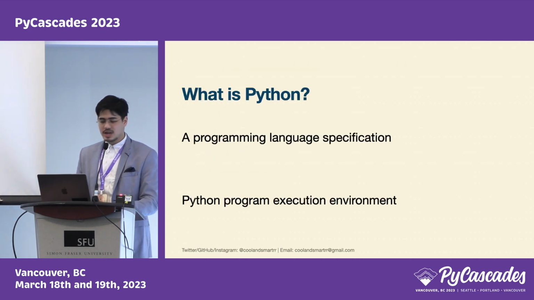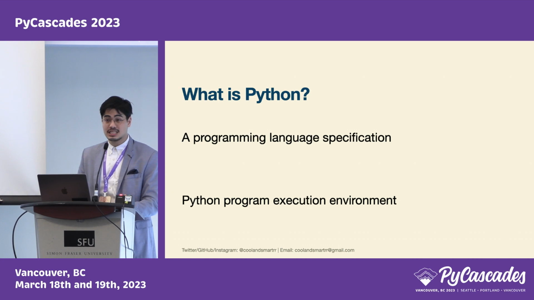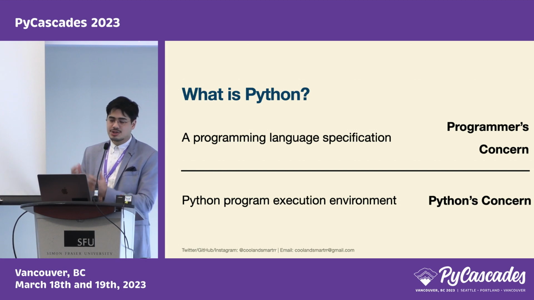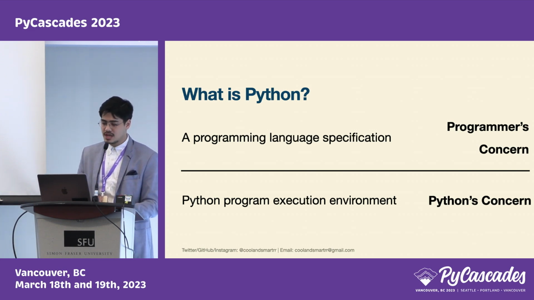So, what is Python? Well, it's a programming language specification, and it's a program execution environment. So we know how to write Python, and we know there's a way to run that Python code. Now, what we're usually familiar with is the programmer's concern: how we write Python correctly and how we implement the algorithms.